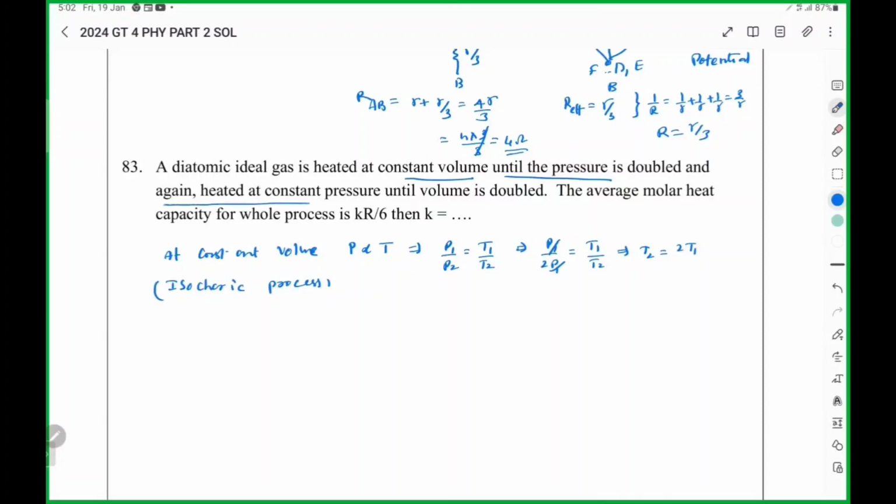And again heated at constant pressure until volume is doubled. So V1 by V2 is T1 by T2. Here it has already reached T2 temperature, so the initial temperature is T2. Now I will make it T3.